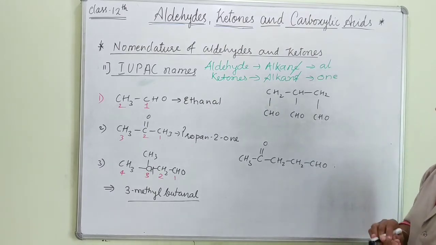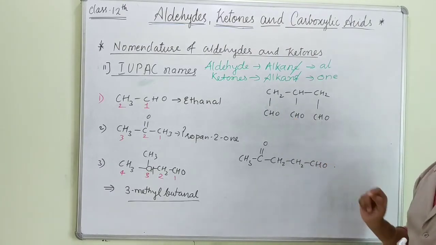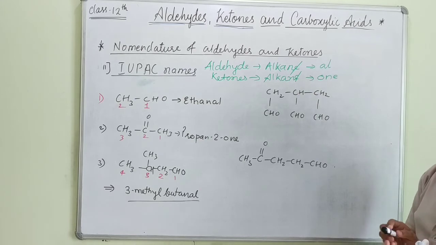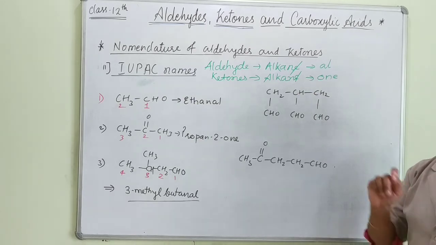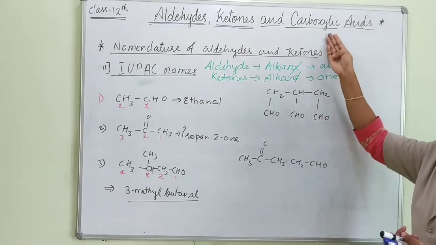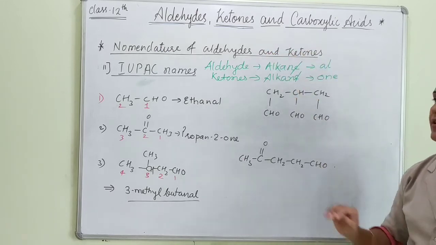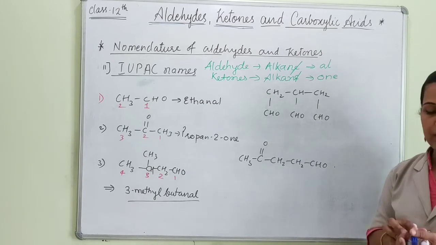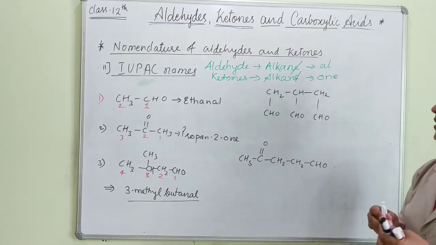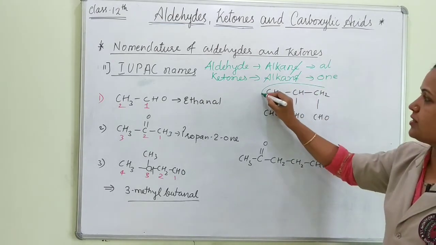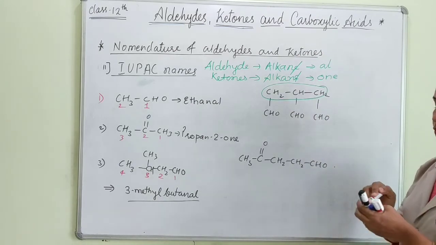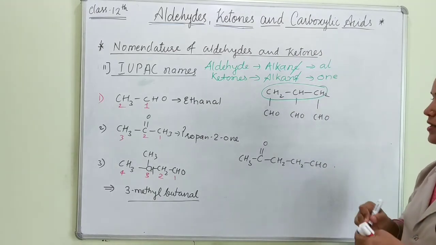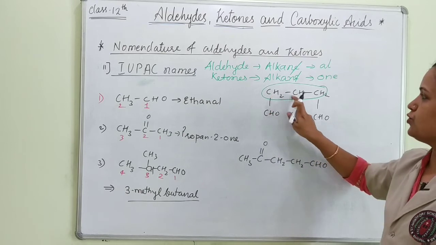Now let's see if 3 groups are attached there, then how to write its name. Whenever any group like ketone, carboxylic acid or aldehyde is attached in more than one, then what we need to do is select a long chain. So this is a long chain. First of all you need to write it in this way, as it will be 1, 2, 3.